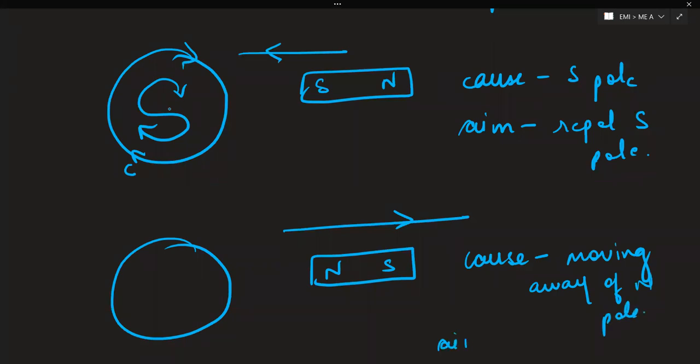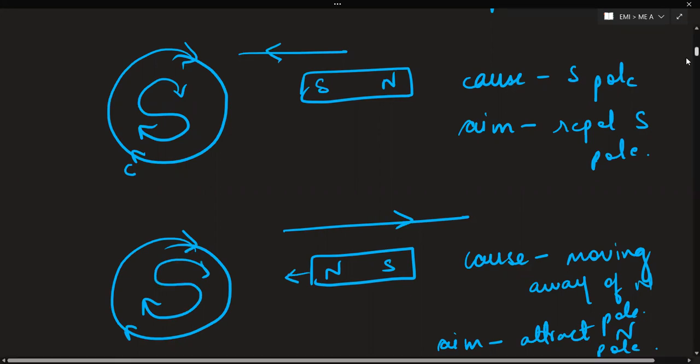If the north pole is moving away, the aim will become to attract the north pole. So if the coil develops south polarity, only then will it be able to attract the north pole and oppose it. So the direction of induced current will again be clockwise.